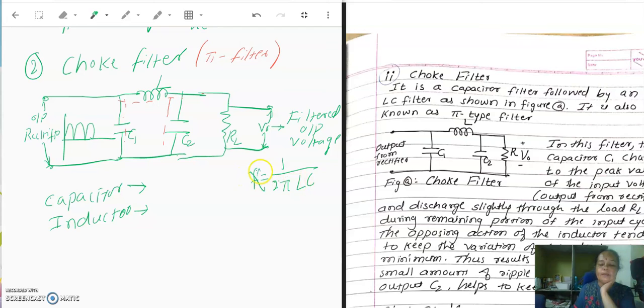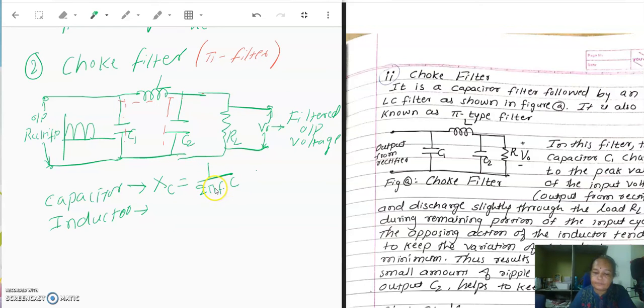You remember the reactance. With respect to capacitor, we shall remember the opposition offered by the capacitor is denoted by Xc. What is the formula of Xc? It is 1 by 2 pi F C.